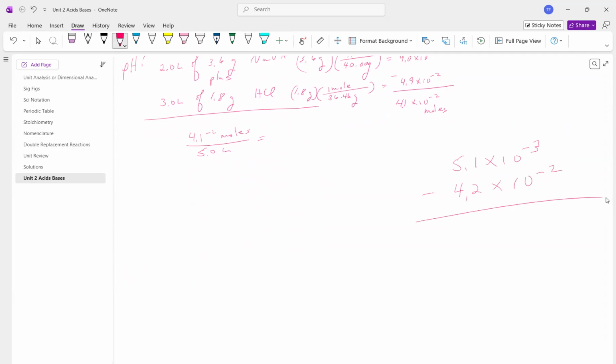Okay, so let's subtract those two. Because one's a -3 and one's a -2, you cannot subtract them. You have to convert one to the other. So let's convert them both to -2.